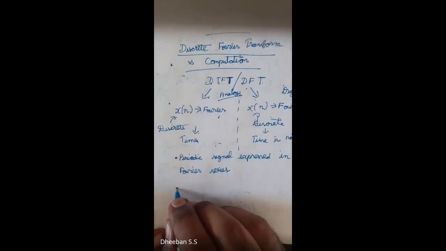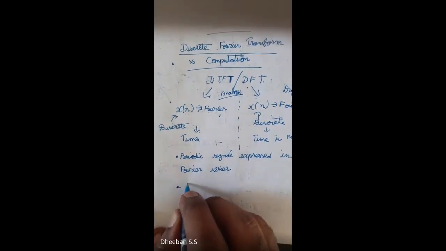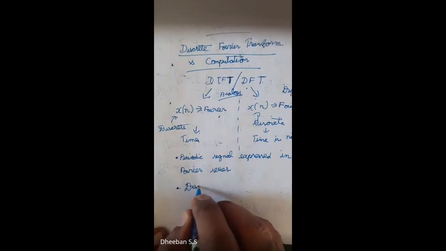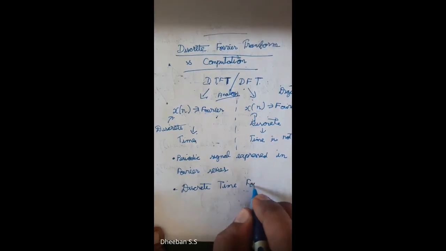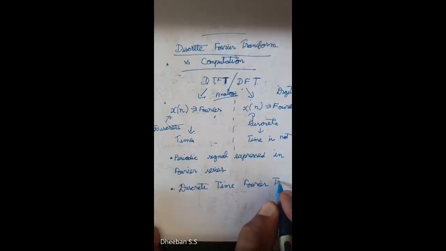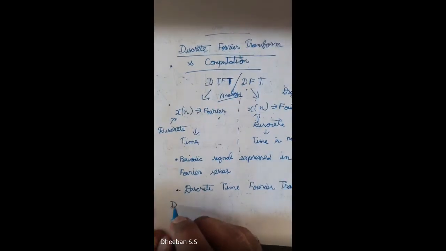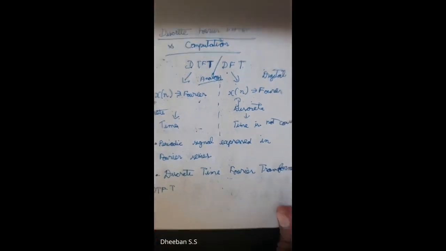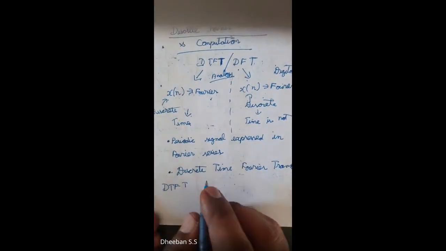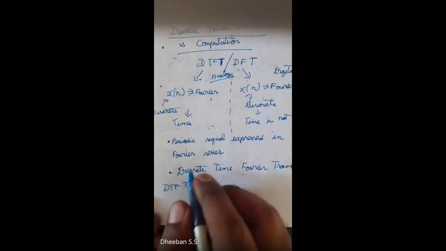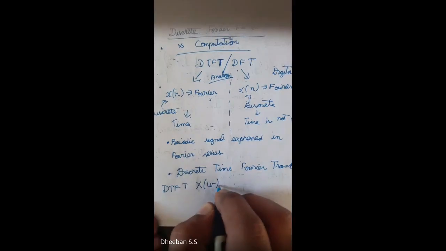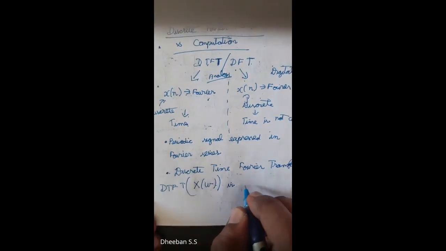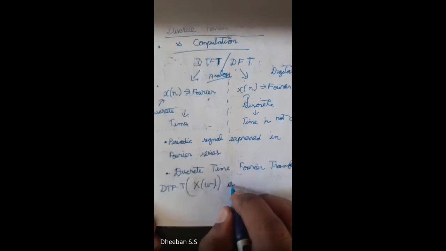So you just take it down. The discrete time Fourier transform, DTFT, you can make it as x of omega. It is a function of a discrete sequence.